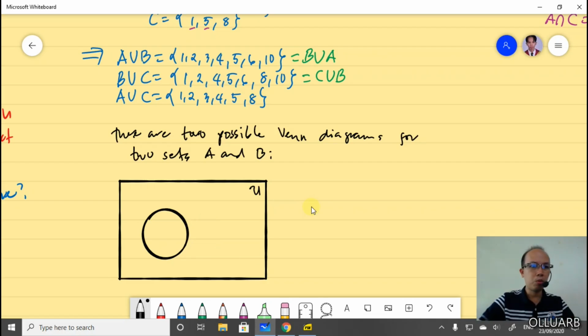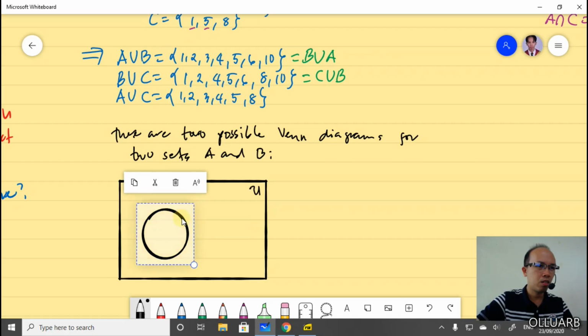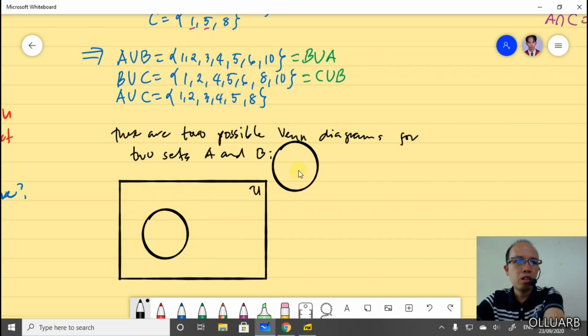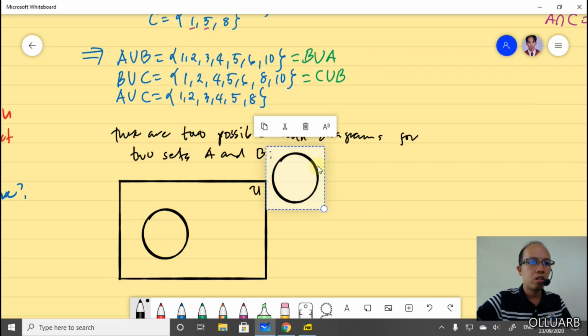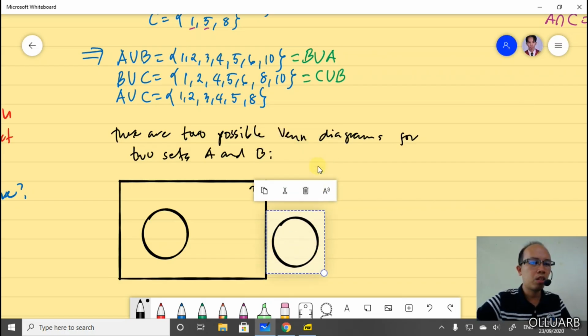I think I have to copy. Can I copy this? Paste. Let's move this object.